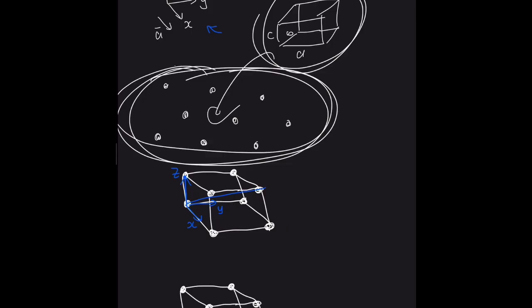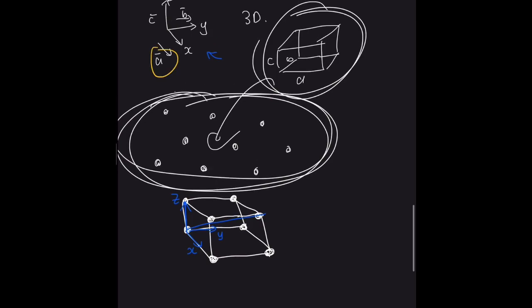Then we just have to use our vectors. So we move by A along the x-axis, because remember, we define A as the length of the unit cell, and the direction of the x-axis, which we have placed along the side of the unit cell.